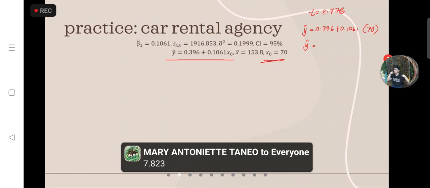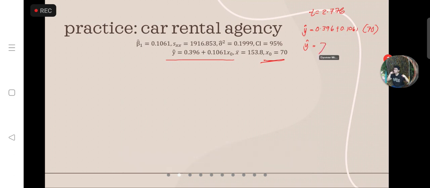7.823. So again, our y hat is just equal to our mean hat at x0.